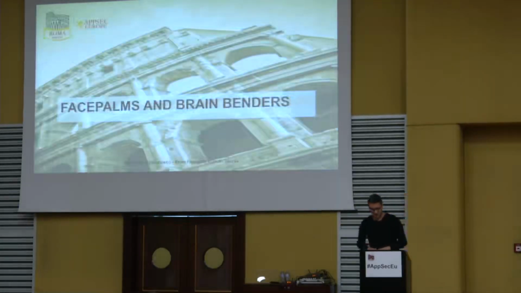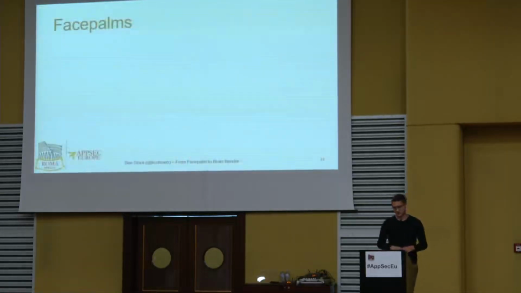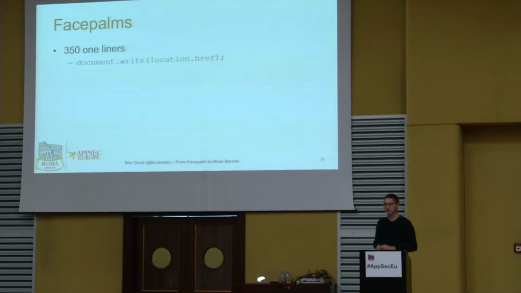All right, facepalms and brain benders. For the facepalms, in our data set, and this goes towards the question of whether developers are not aware of what they are doing, we found 350, so about a quarter, of these one-line vulnerabilities: document write, and then user input, vulnerable.